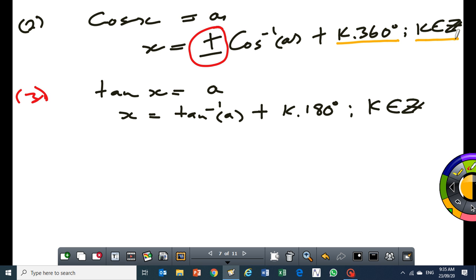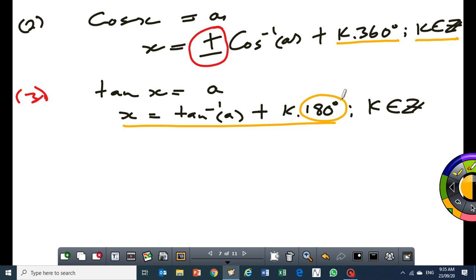So the general solution for tan is tan A plus k times 180. Be very careful here, because you can make a mistake of putting 360. Once you do that, your whole solution goes wrong.